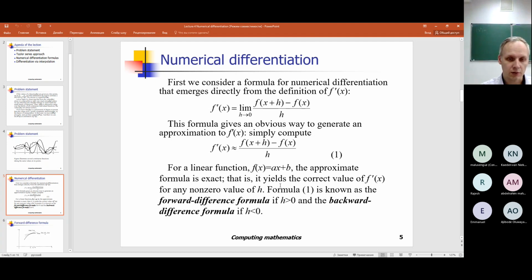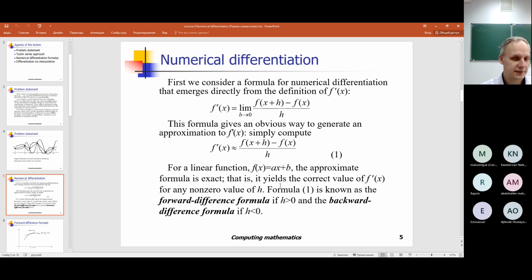This is the so-called first order formula for numerical differentiation, and this formula number 1 is known as the forward difference formula when h is greater than 0, and the backward difference formula when h is smaller than 0. And this formula gives us an exact value if the function is linear.